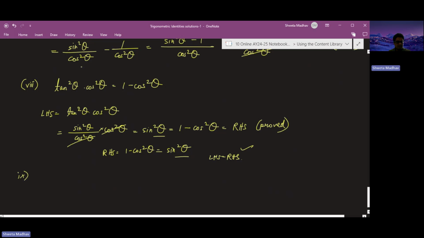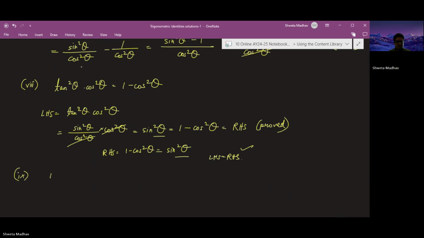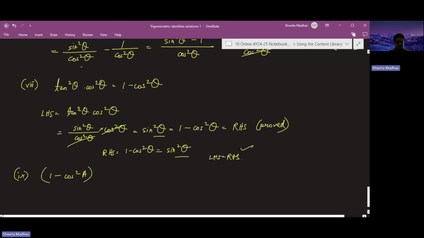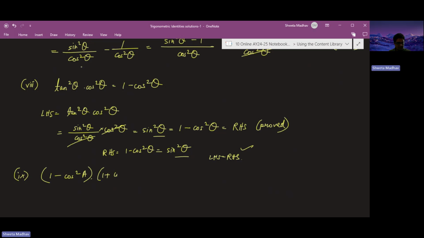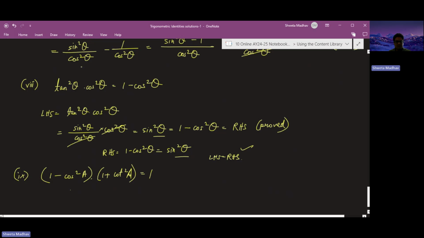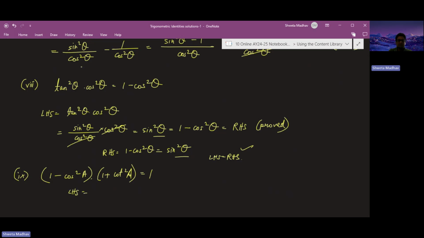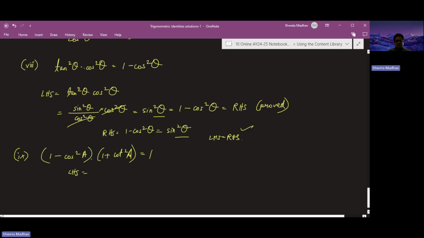Then in the ninth part, you have to prove that 1 minus cos square a into 1 plus cot square a is equal to 1. So in the left hand side, we have 1 minus cos square a into 1 plus cot square a.